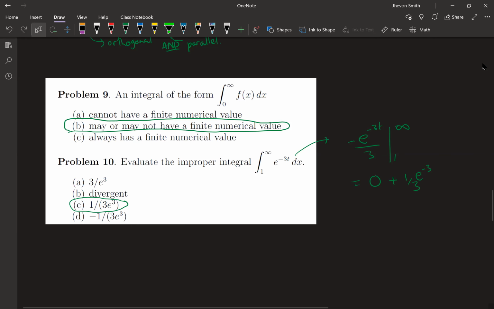I think that was a typo. I think the T should have been an X based on the answers. However, and this is something you can look out for, if it were a T, so you would have the integral from 1 to infinity of e to the minus 3t, and then someone asks you about dx, what would that actually be?